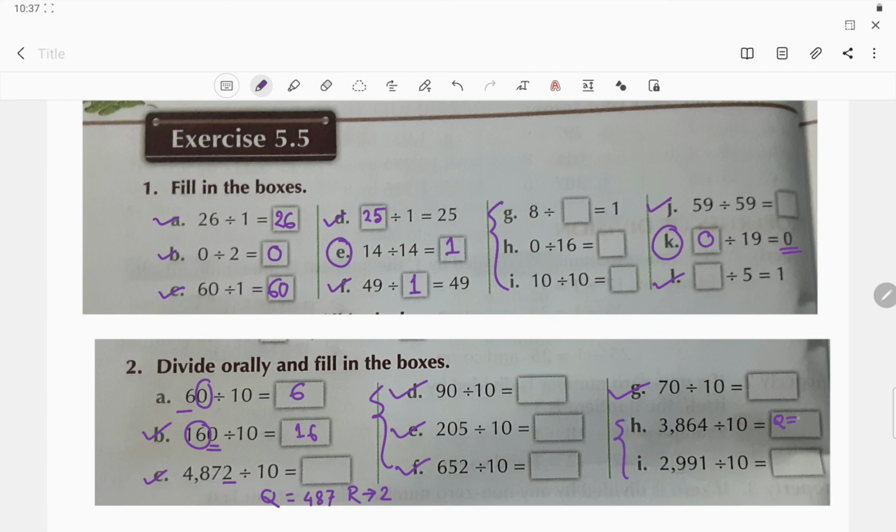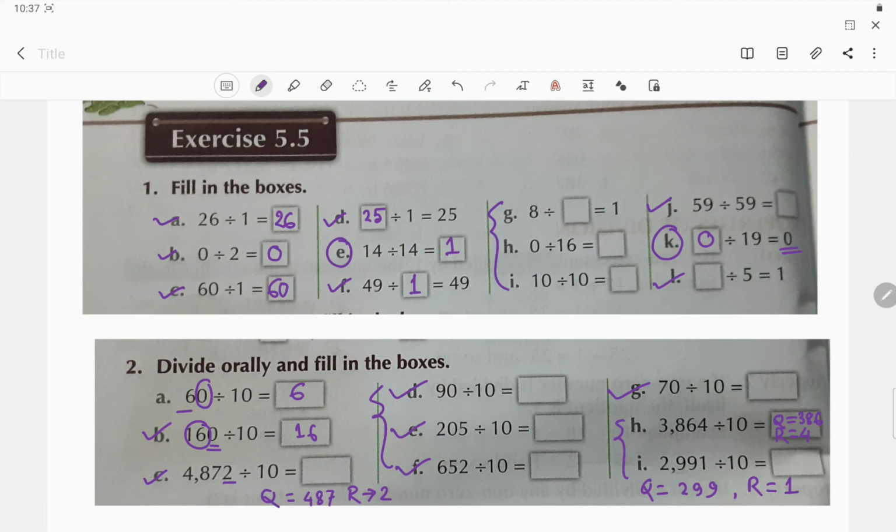The quotient will be the first 3 digits, because the last digit in the ones place will be the remainder, that is 4. For the question I, 299 is your quotient and the last digit in the ones place, that is the 1, will be its remainder.